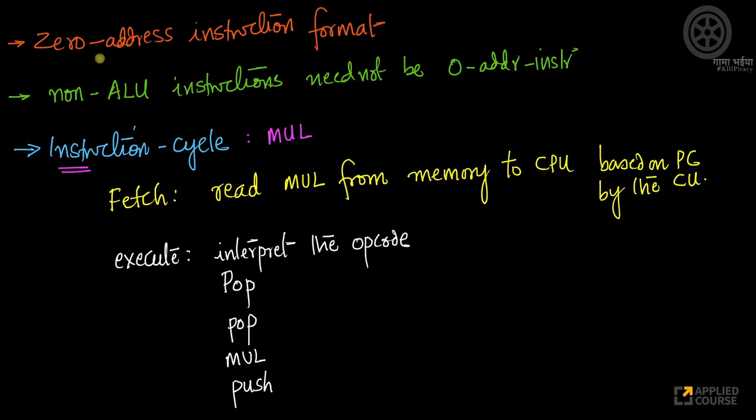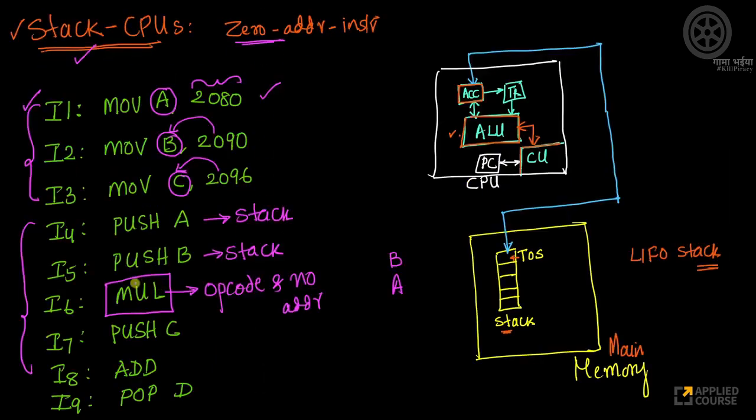First and foremost, we have understood about the zero address instruction format. This is called the zero address instruction because there is only an opcode here. There are no addresses, either of registers or of memory locations, that I'm referring to in this instruction. That's why these instructions are referred to as zero address instructions. Very simple, right?